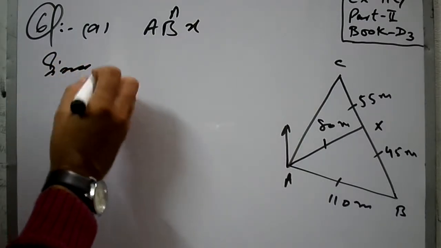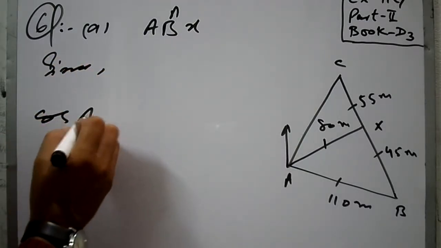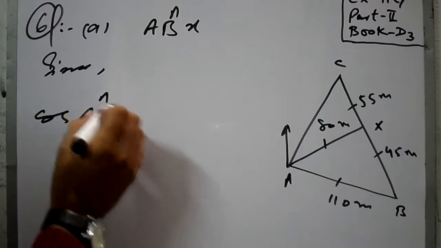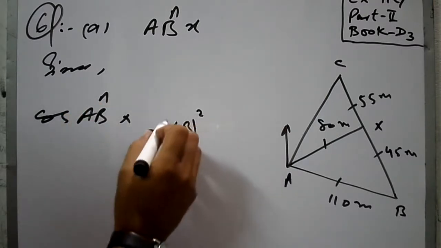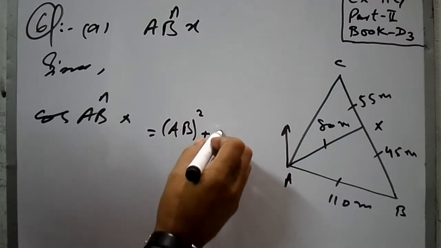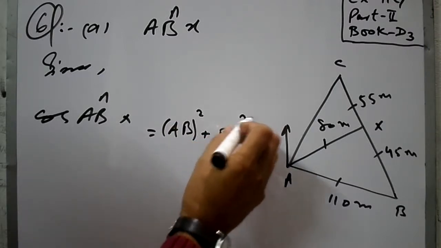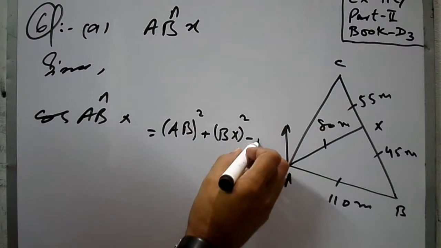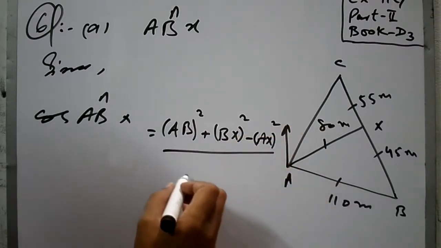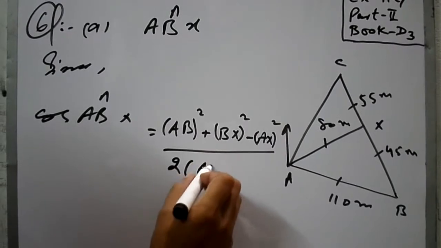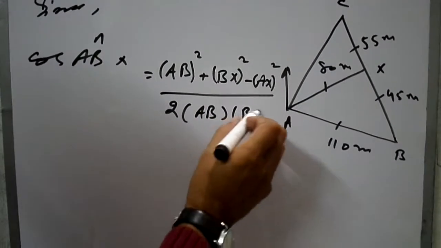Since we have a formula, that is cos ABX is equal to AB square plus BX square minus AX square divided by 2 AB and BX.